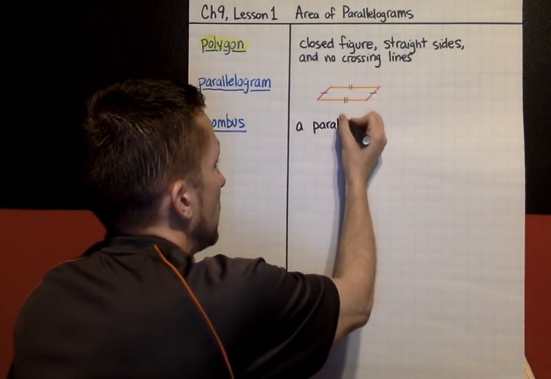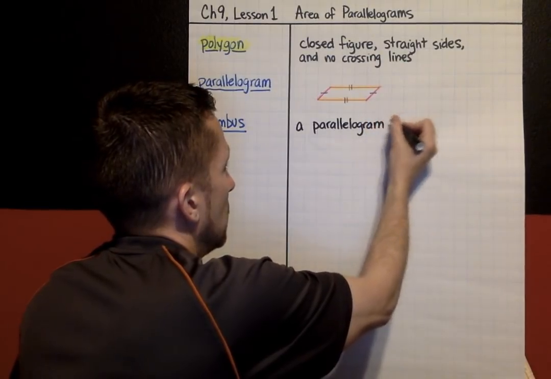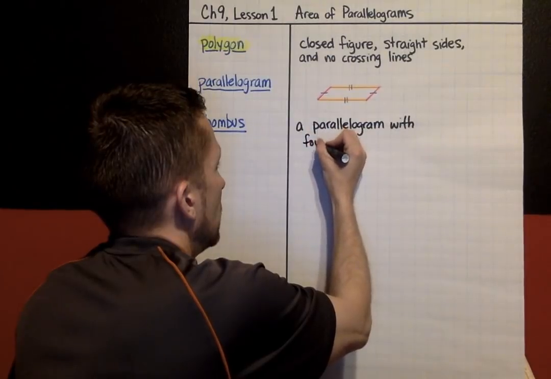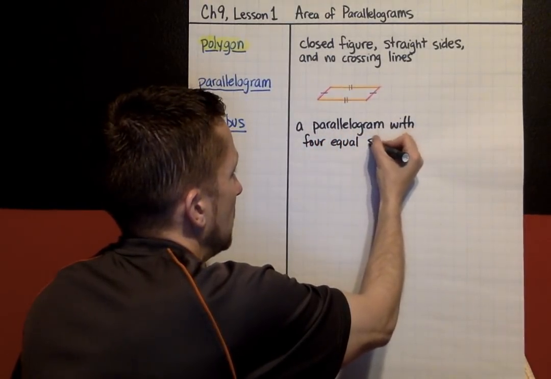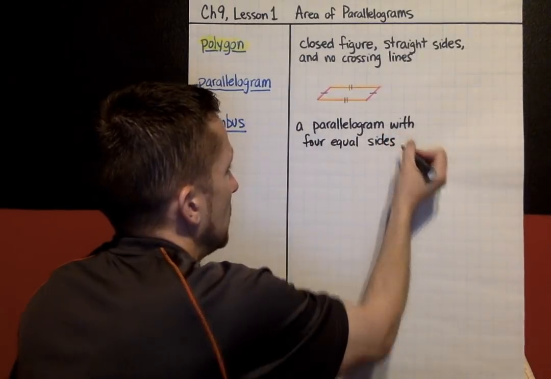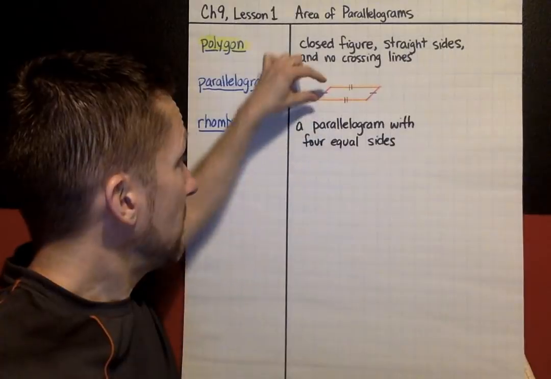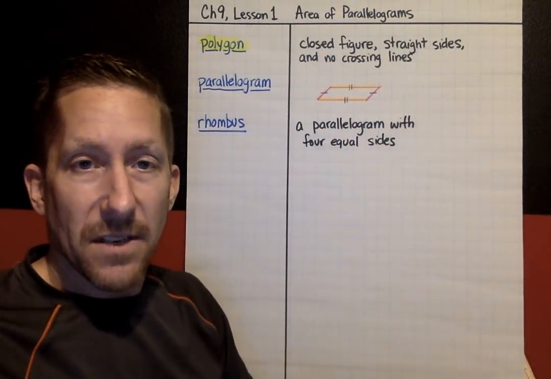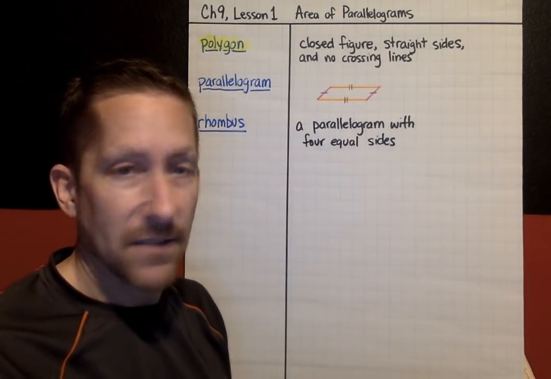A parallelogram with 4 equal sides. These sides are not all equal, okay? This side is definitely not equal to that side. A rhombus is a special type of parallelogram where all the sides are equal.